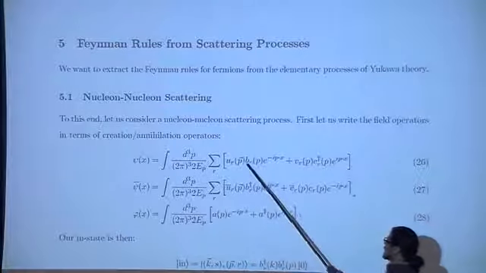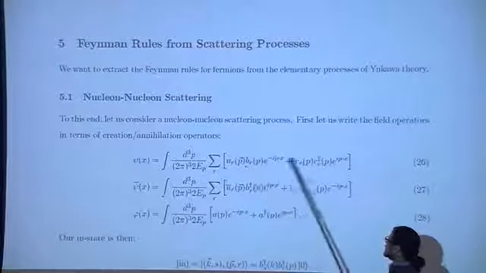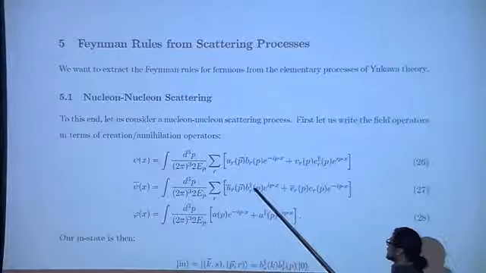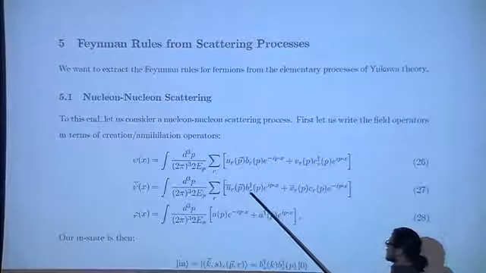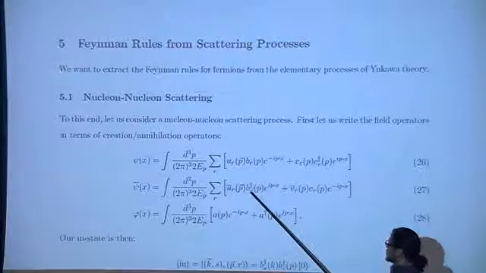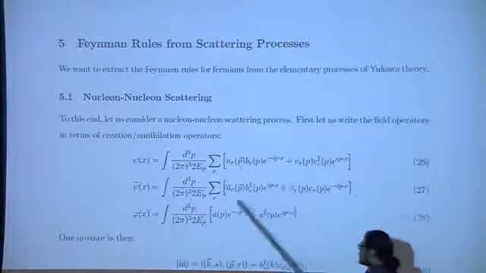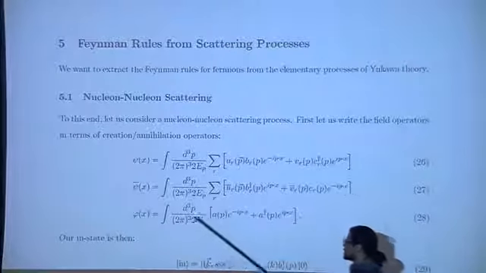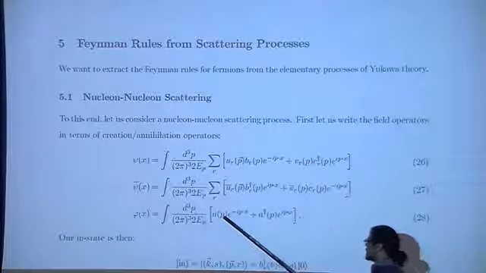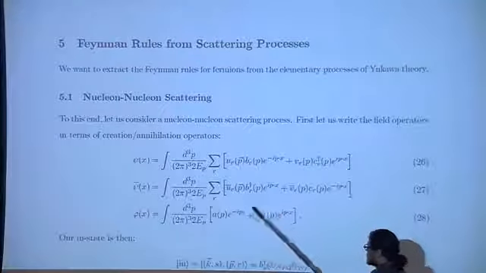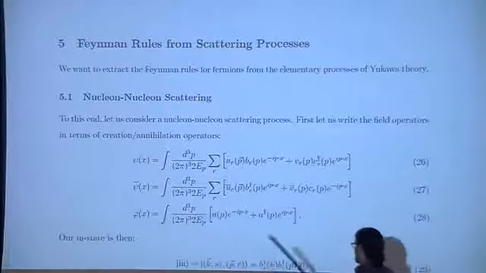It has an annihilation operator for the particle, a creation operator for the antiparticle. Psi bar has a creation operator for the nucleon and a destruction operator for the antinucleon. And the meson is a real scalar field, so it has an annihilation operator and a creation operator, and these are Hermitian conjugates of each other, so that this is real.